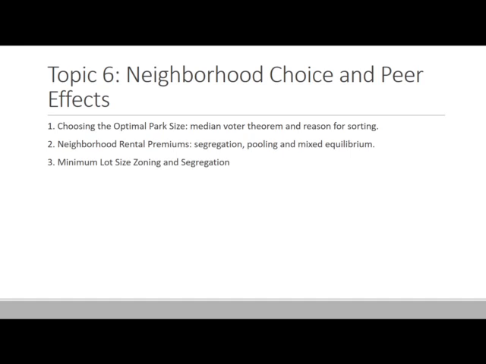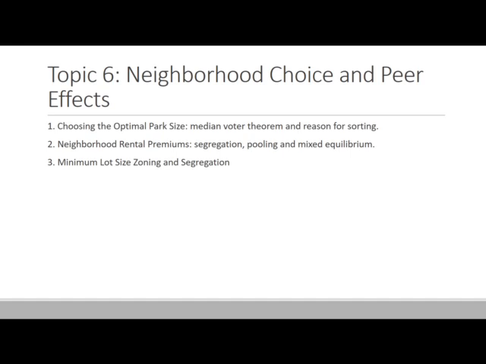But if people of all kinds live together, then according to the median voter theorem, they will always choose a medium level of public good, and in such a case, the high type and low type may not want to live in the neighborhood, and they may want to form their own neighborhood. So that's, more or less, the first point.